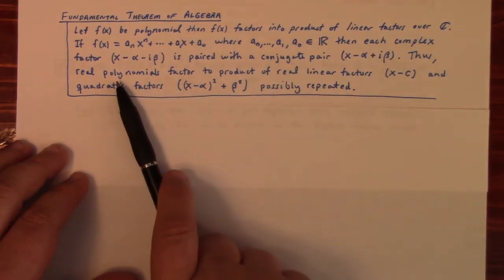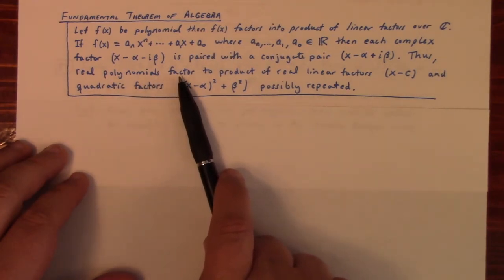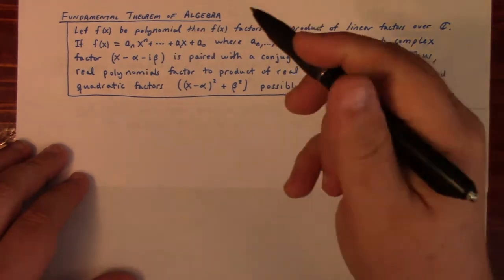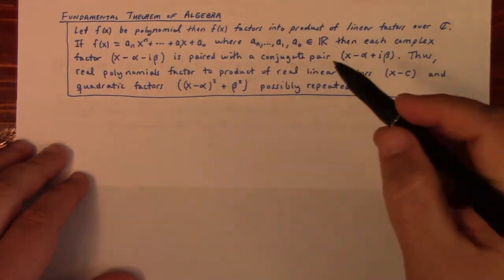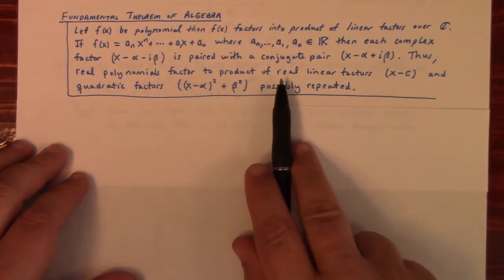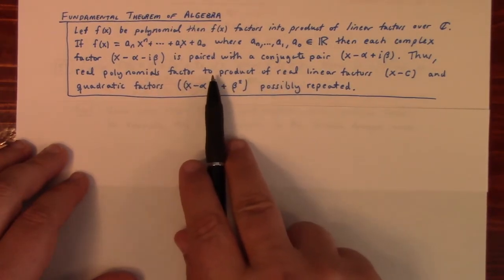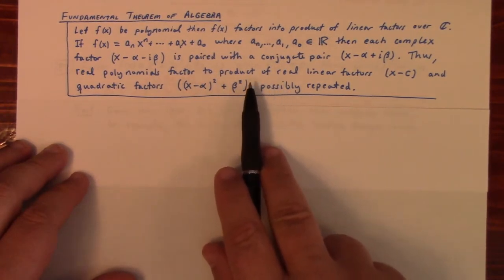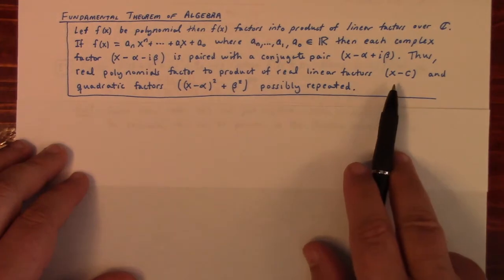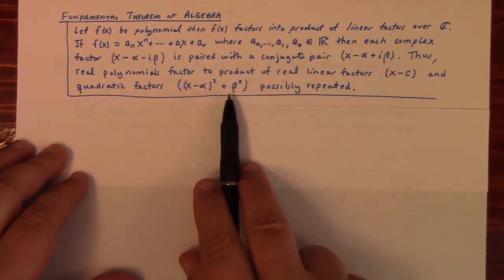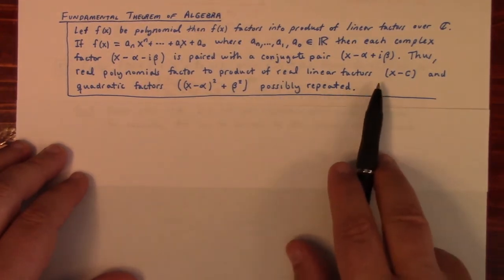And so real polynomials factor into a product of real linear factors x minus c and quadratic factors (x minus alpha) squared plus beta squared, and of course both of these could be repeated, but that's it. The grammar is a little off here, sorry about that.